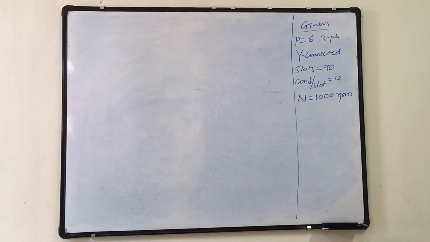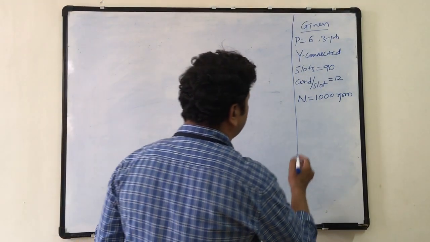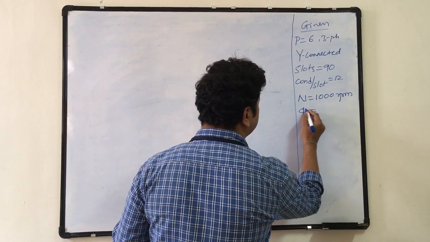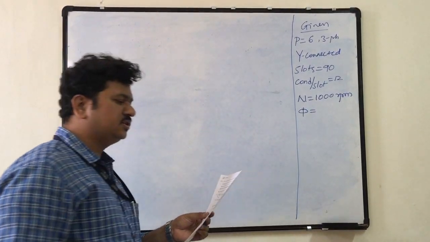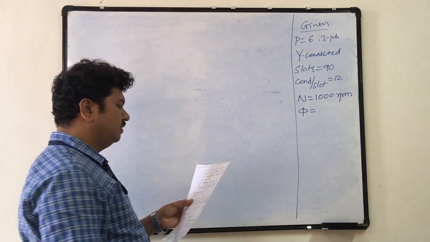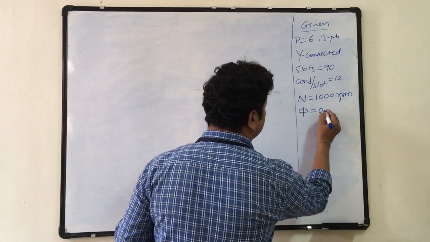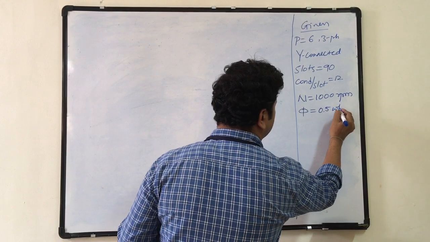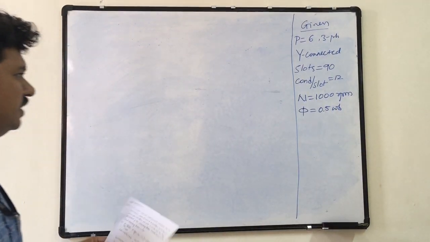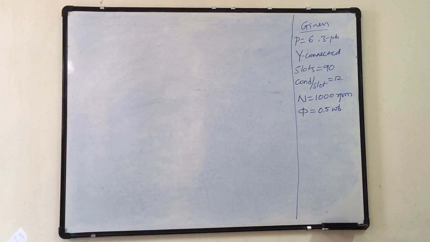And flux per pole produced is 0.5 amperes. Okay.